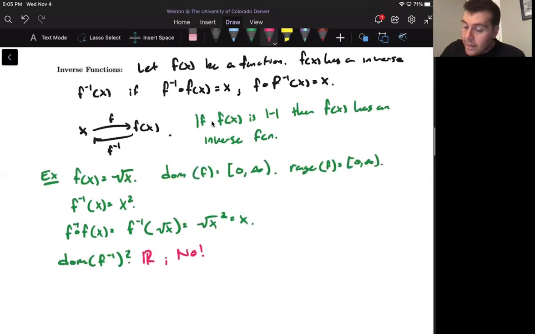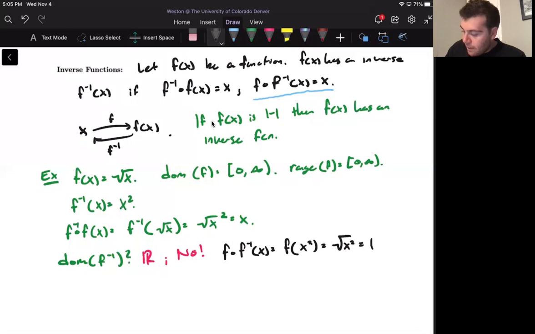And the reason why is this condition up here, where it wants to be composed in that way. If we have f composed f inverse of x, well, that's the same as f of x squared, which is the square root of x squared, or the absolute value of x.